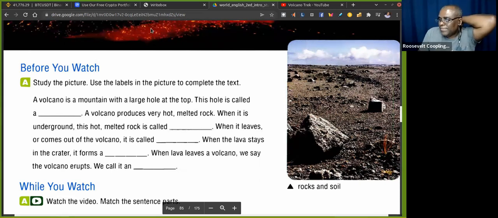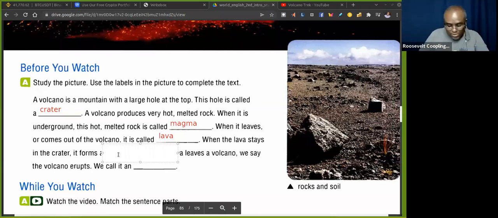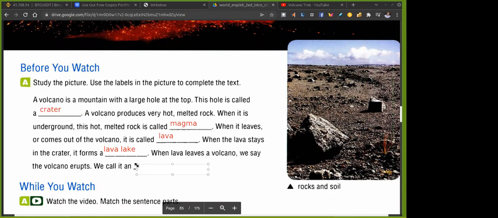When it leaves or comes out in the volcano, it is called lava. When the lava stays in the crater, it forms a lava lake. When lava leaves a volcano, we say the volcano erupts. We call it an eruption.